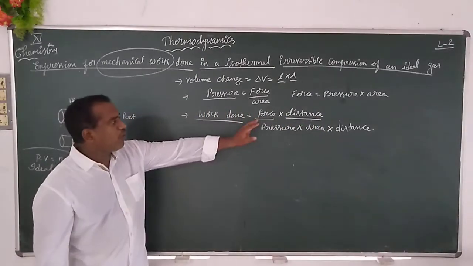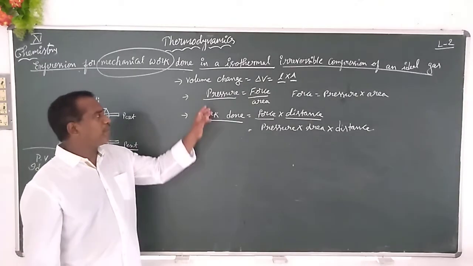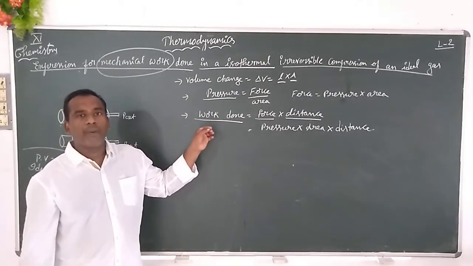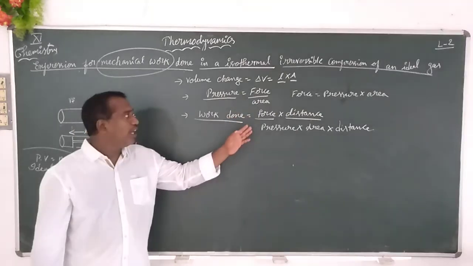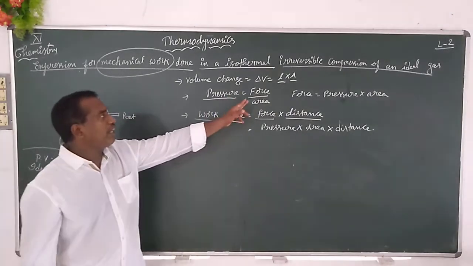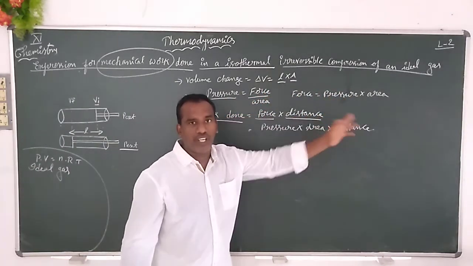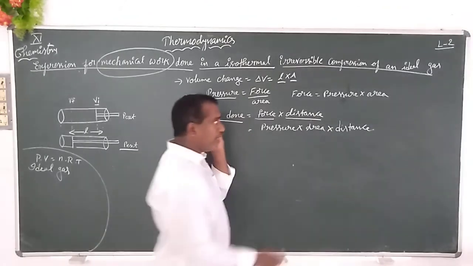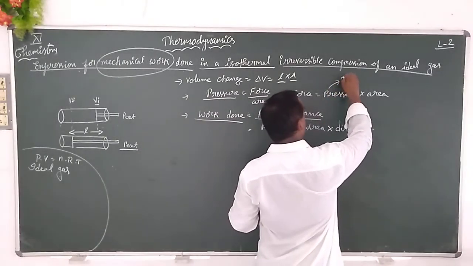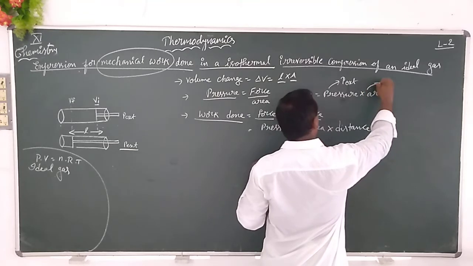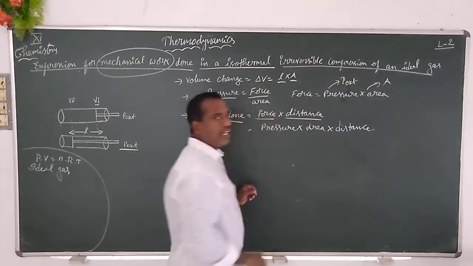In order to derive what is meant by the force, we are bringing this definition. Pressure is equal to force per unit area, so we can write force is equal to pressure into area. This pressure I am calling the external pressure, and area is the capital A.